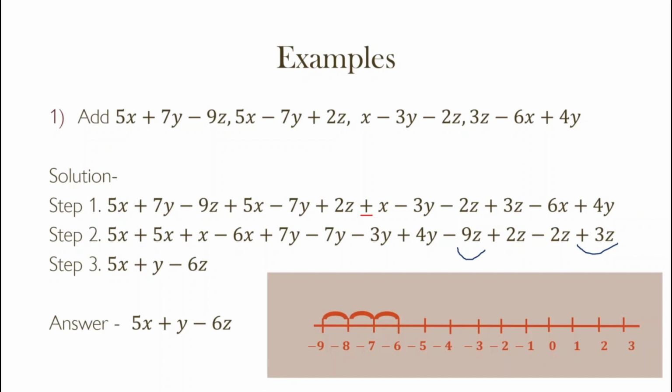So first we will do 9 minus 3, which is 6. And then the sign comes of the bigger number. Which one is bigger? Is 9 bigger or 3 bigger? Please do not look at the signs, just the numbers. 9 is bigger or 3? 9. So that's why the answer would be minus 6z.